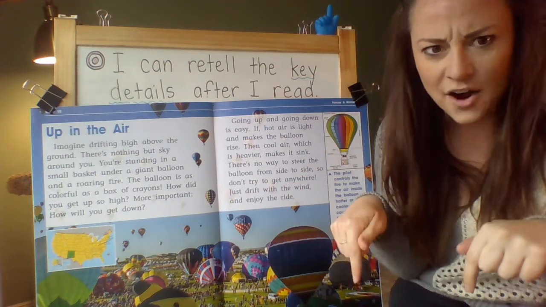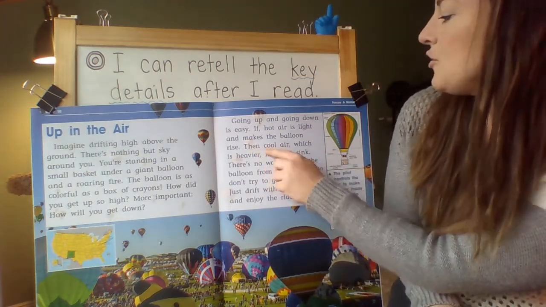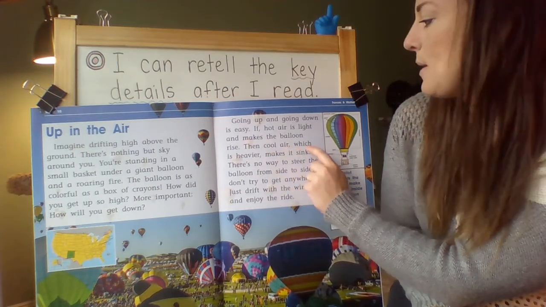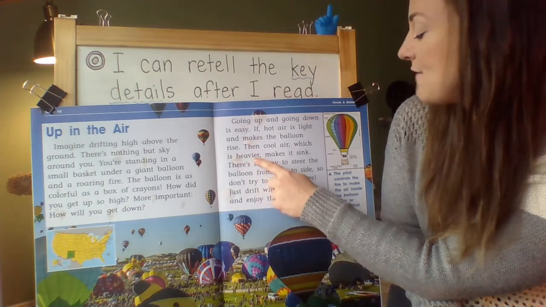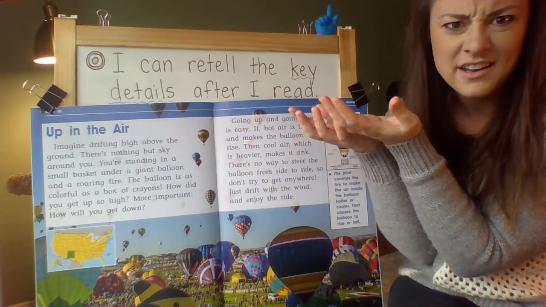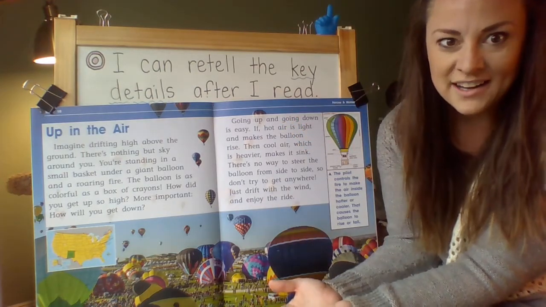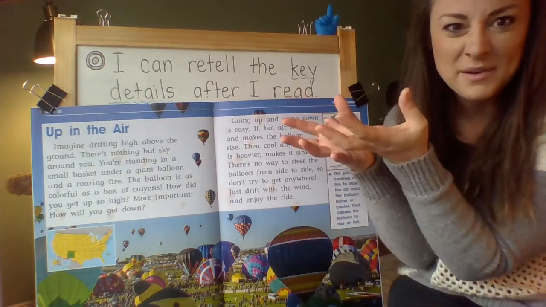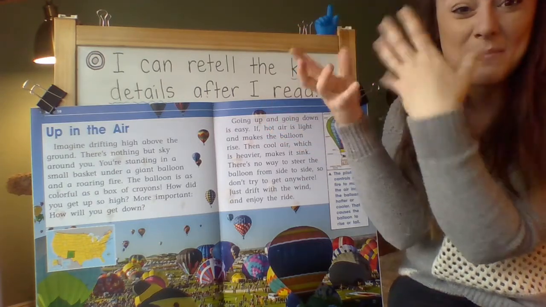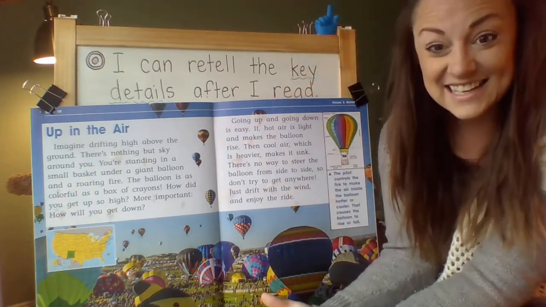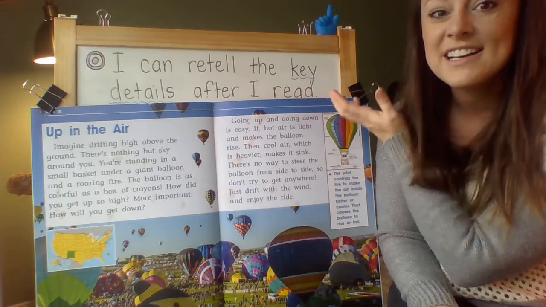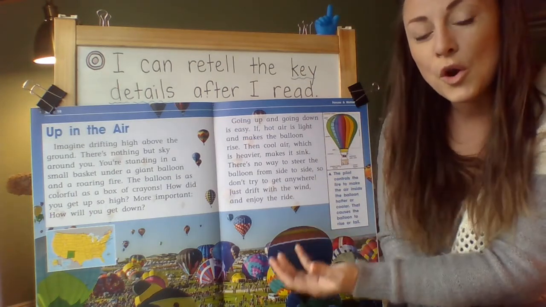And then if they want to go down, the cool air, that air that isn't as warm, makes the air heavier. So that heavier air, what happens to things that are heavy? They sink, right? Just like when we did the pumpkin in the water. It was lighter than it looked, so it floated up at the top. But heavier things, they sink down. So if that air inside is nice and cool, it makes the balloon go lower.